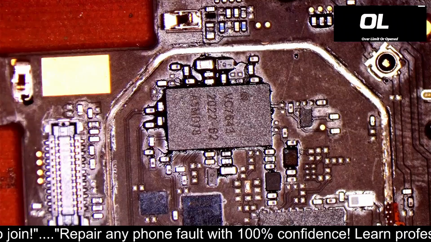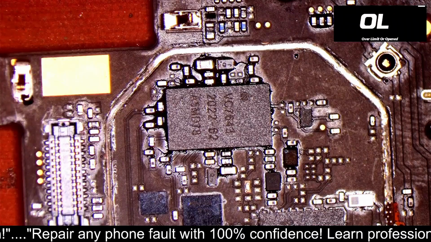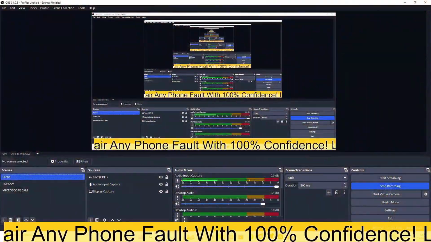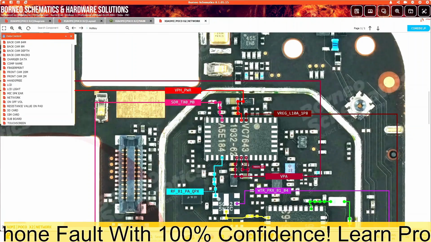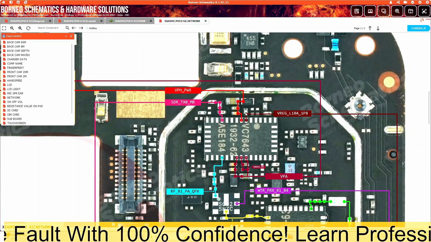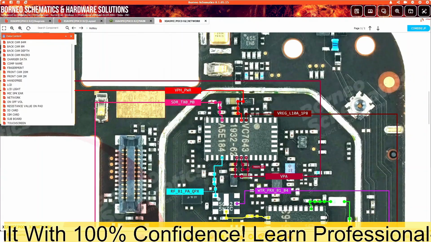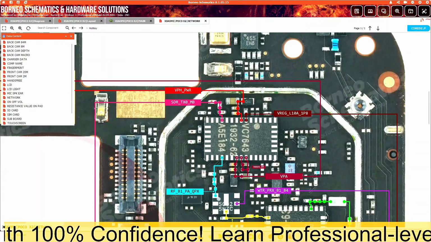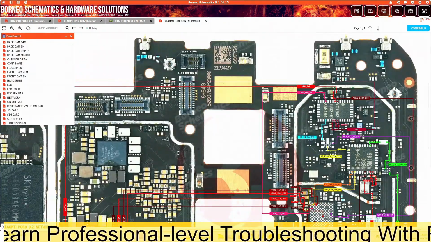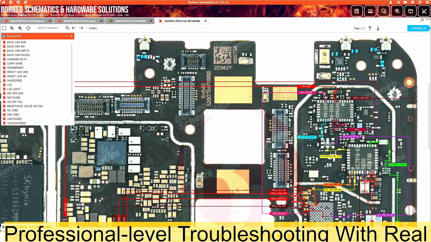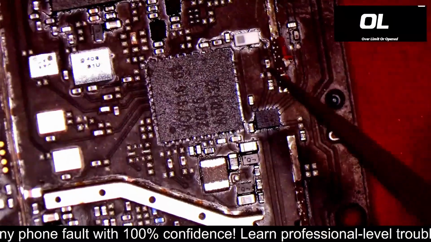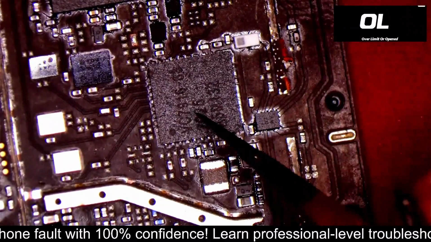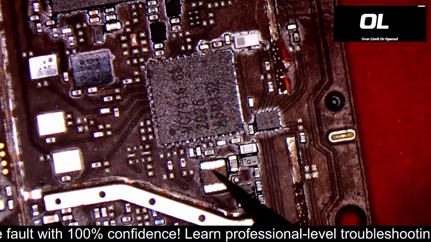Now after this we go to the Borneo again. Now there is a VPA line, APT, it's also okay, a 3.7 okay, 1.8 okay, right? Now we check here. So this is our 2G PA, right?